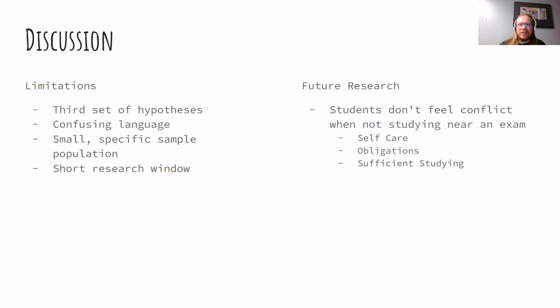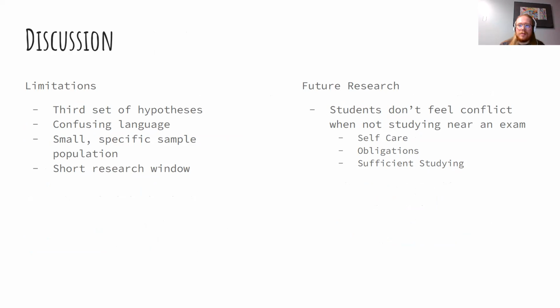So for limitations, the third set of hypotheses, they were very confusing, very complicated. And overall, I think they were just trying to answer too much with one big lump of data. It wasn't specific enough. And I honestly think that they should do a second follow-up study for those ones.